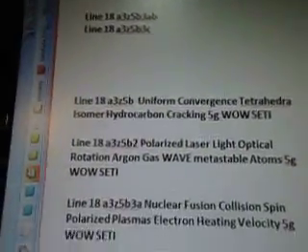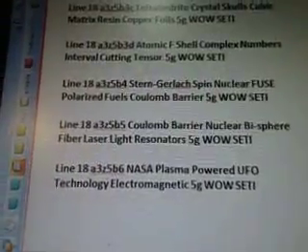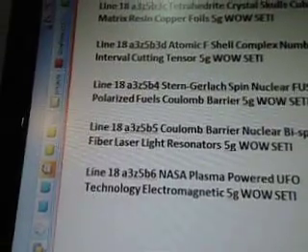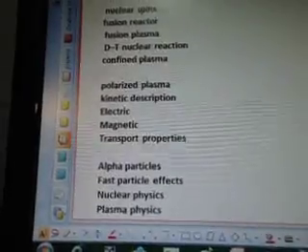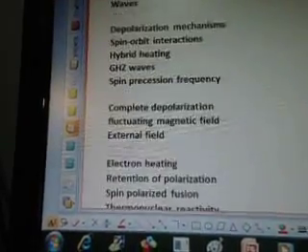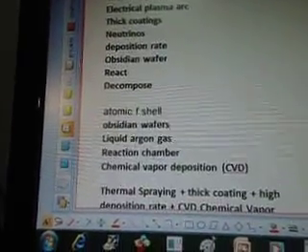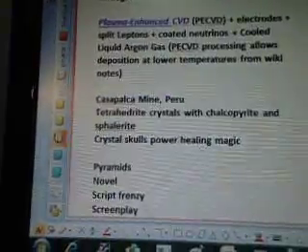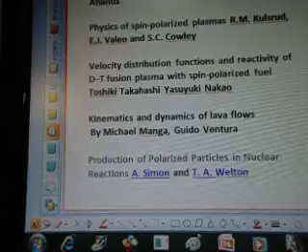That's the first one. And then you're going to go all the way up to line 18A, 3z5b6. Okay? And again, there's the tags, which I just did in the last video. This one has a few more because it's got more stuff from all the videos. Okay? So we'll go on to the next one.